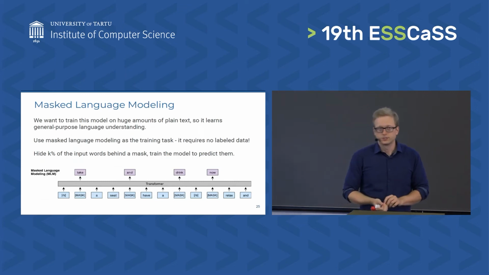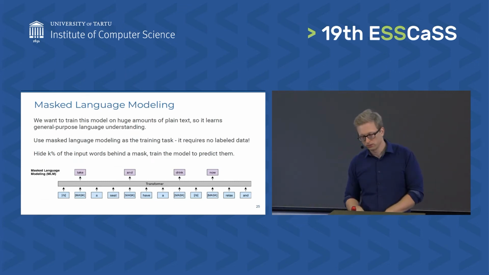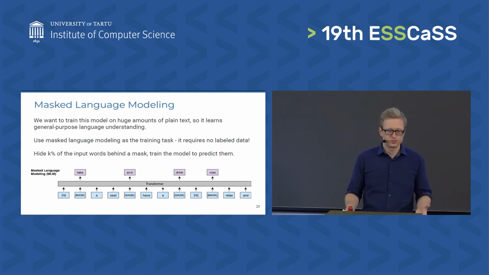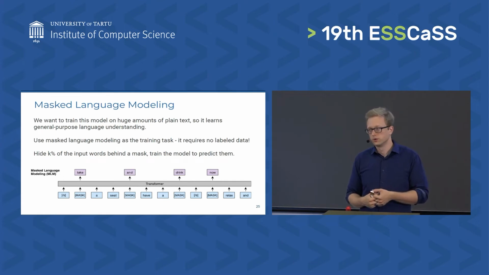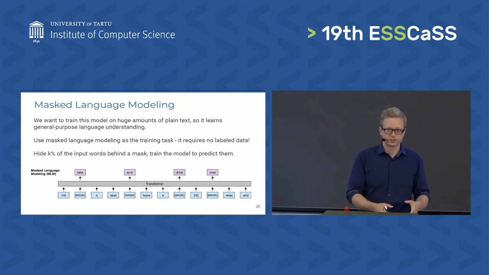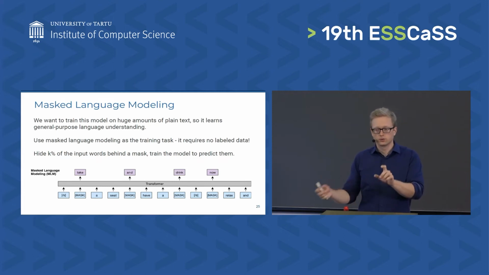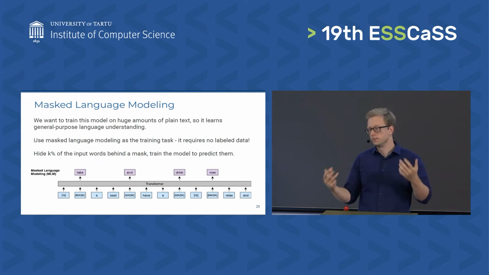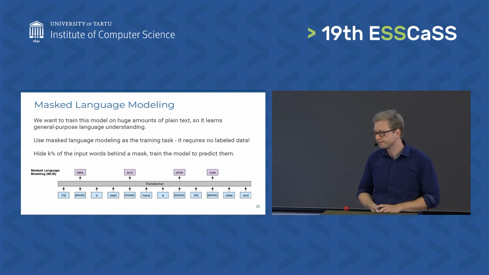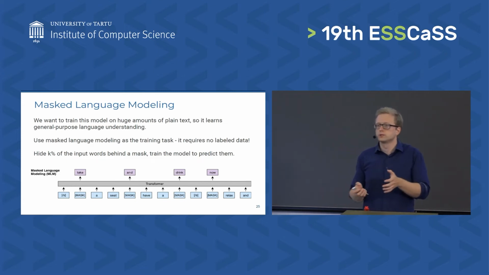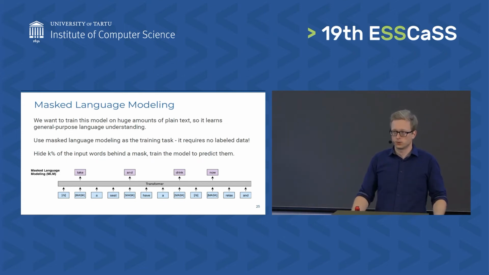So how do we actually train this model? We want to train the model so that it learns general natural language information. We want it to learn more than one particular task. We want it to learn good word representations, and how to combine those words together and construct meaning for a particular sentence. For that, we want to train it on as much data as possible.